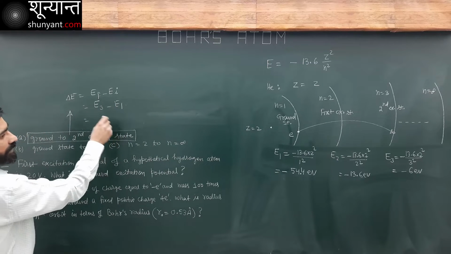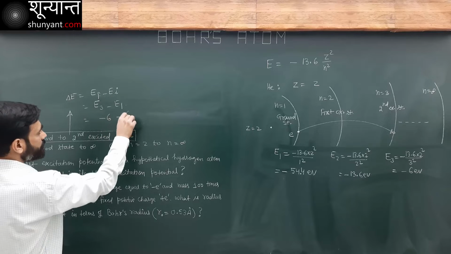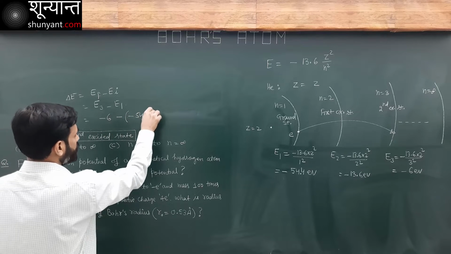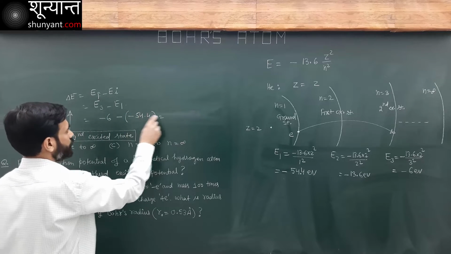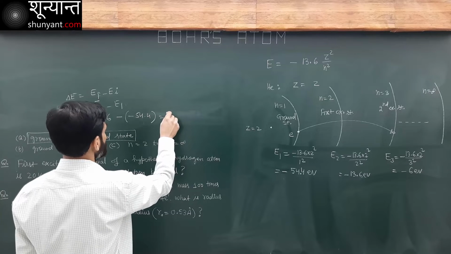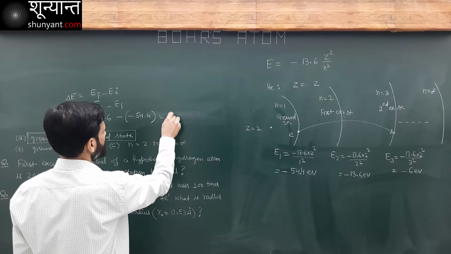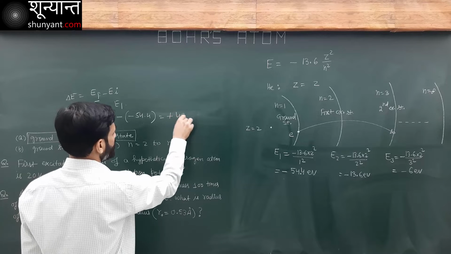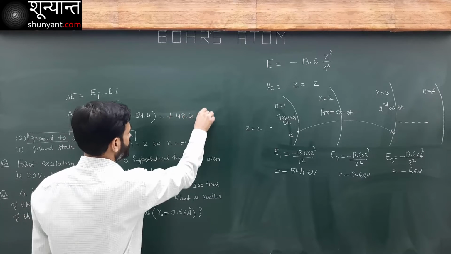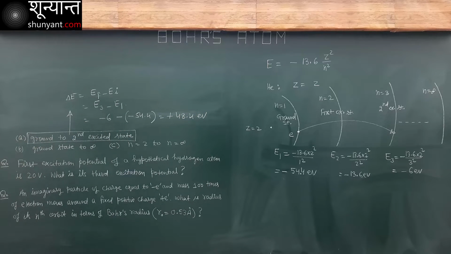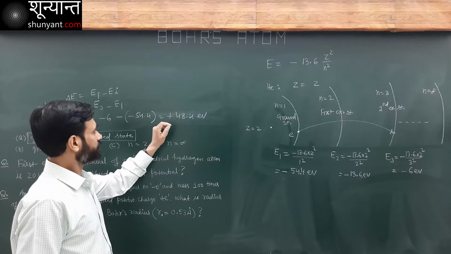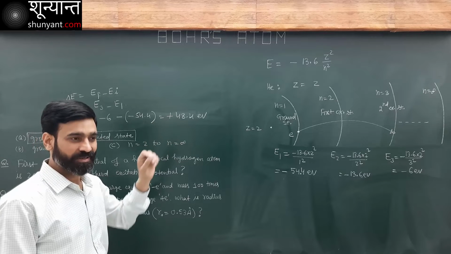E3 is minus 6 minus minus 54.4, which is plus 48.4 electron volt. This is how much energy I need to supply.